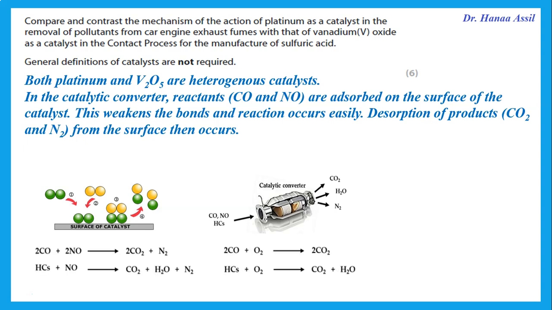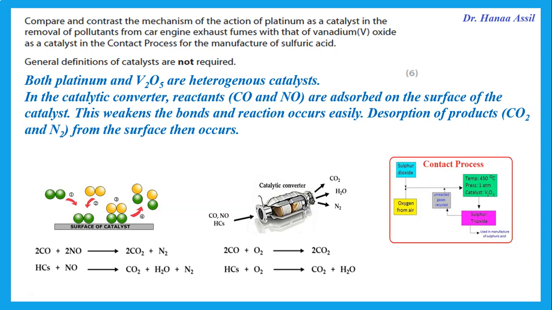Remember that in the catalytic converter, we have mainly reaction of carbon monoxide plus nitrogen monoxide, which are harmful gases, to give carbon dioxide plus nitrogen, which are already present in air. We also have reactions of hydrocarbons with some of the gases to give things like carbon dioxide, water, and nitrogen. So this is what happens in the catalytic converter. But in the contact process, we use V2O5.